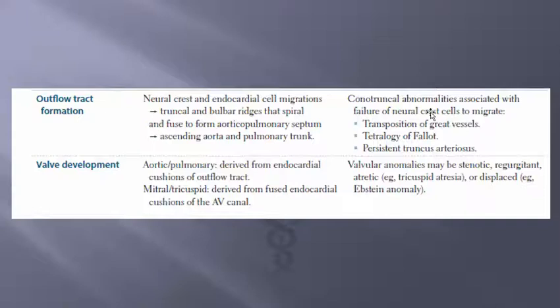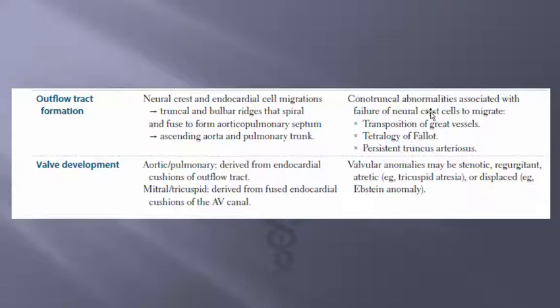It's endo because it's internal to the heart, cushions of the outflow tract. Then you have the mitral and tricuspid. Remember, the mitral is also called the bicuspid. These are derived from the fused endocardial cushions of the atrioventricular canal. Okay? So the division between the atria and the ventricles.